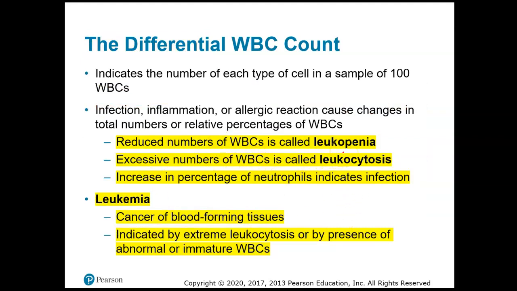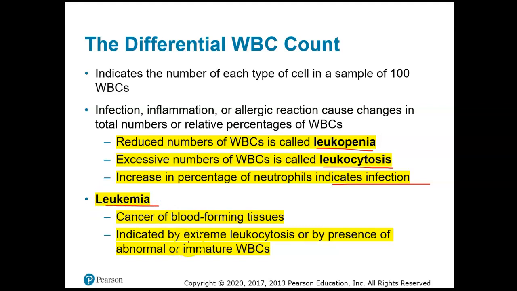So let's look at some of the medical terms. If you ever hear leukopenia, that means that the numbers of white blood cells are too low. If you hear leukocytosis, that means that the number of white blood cells is too high. If you have a large number of neutrophils, a larger number than normal, that indicates you have an infection of some kind. And leukemia is cancer of blood-forming tissues.